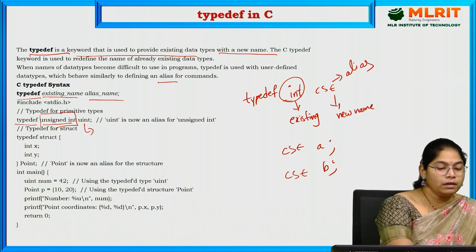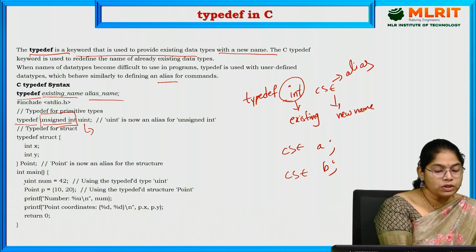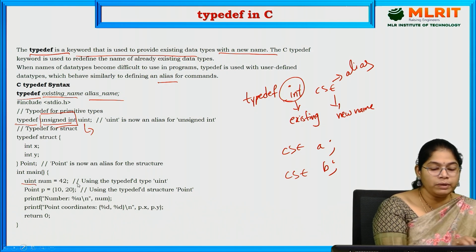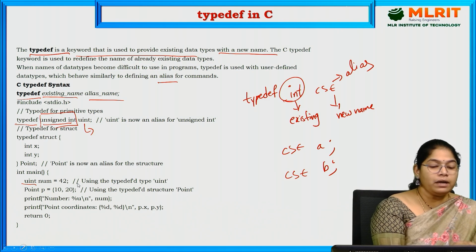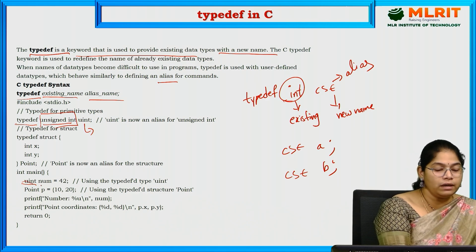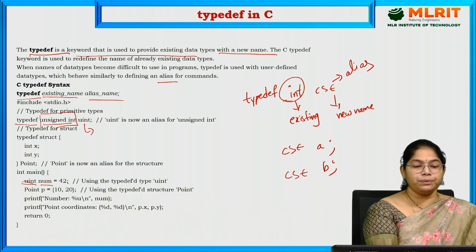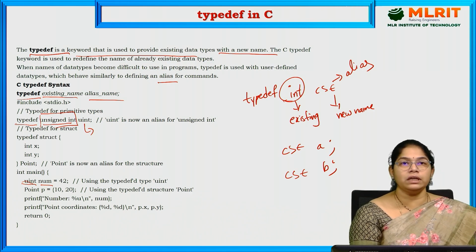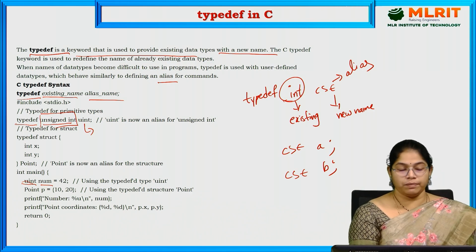Then, instead of int num equal to 42, I have defined it with the new name, so uint num is equal to 42. This way we can provide a new name for an existing data type using typedef.